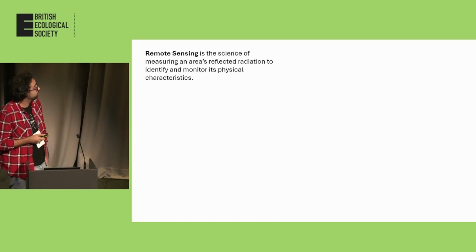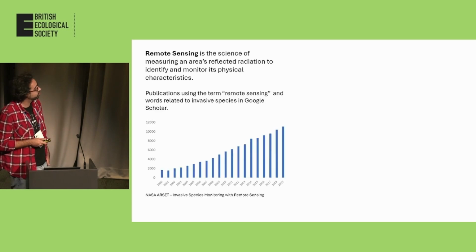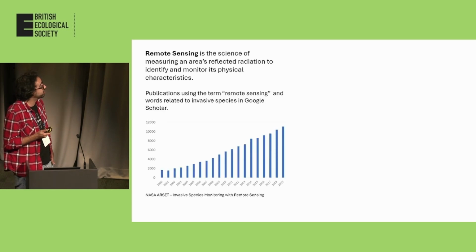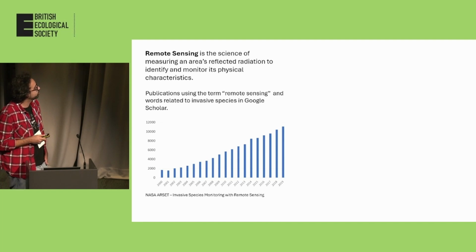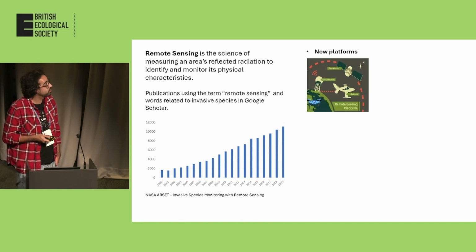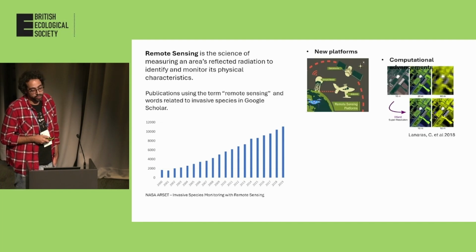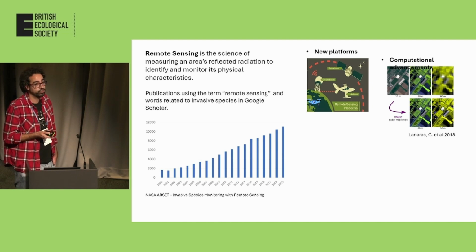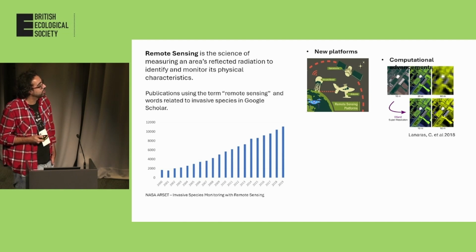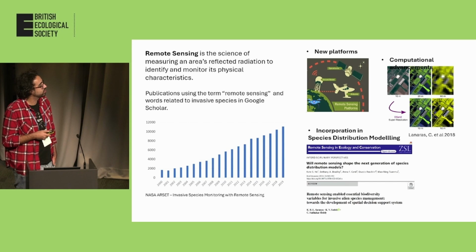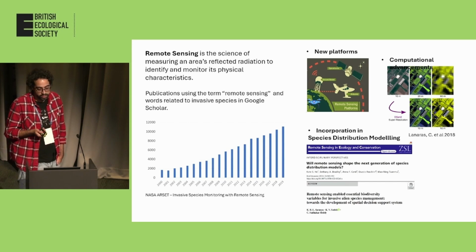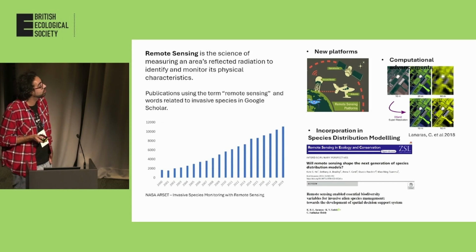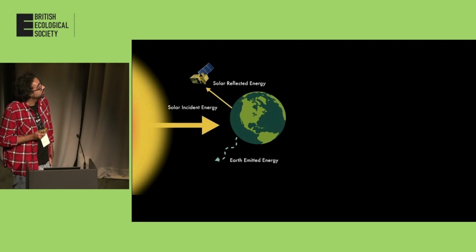Remote sensing is highly used in invasive species detection. It's increasingly being used, because we have a lot of new platforms and computation algorithms that improve our data, and remote sensing data is also heavily used in the distribution modelling of species.